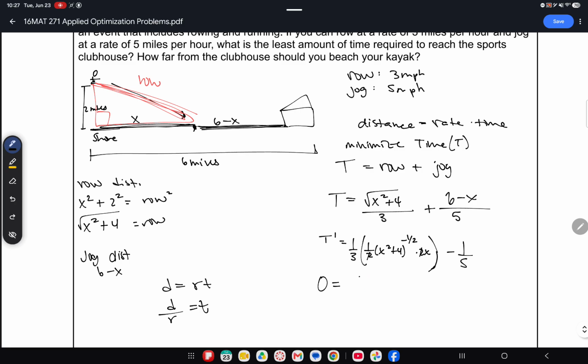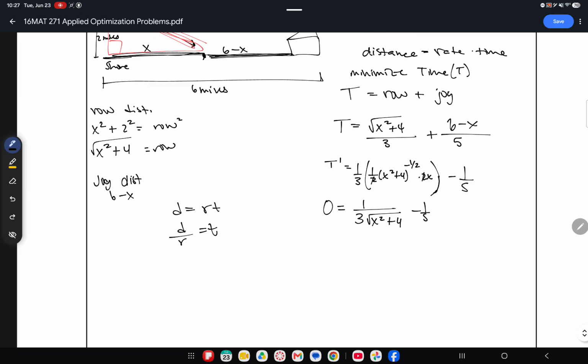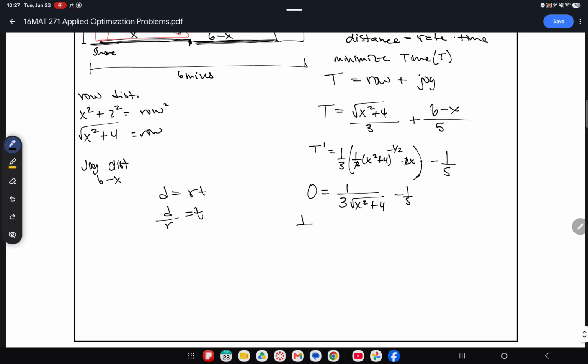So I'm going to be left with 1/3. Let's just go ahead and drop that down to the denominator. Let's add 1/5 over. Then maybe cross multiply. Maybe divide by 3.